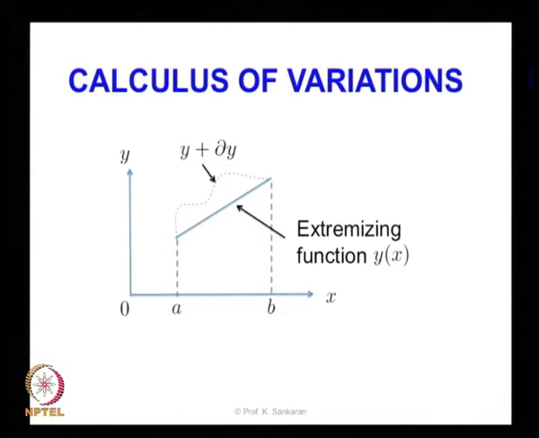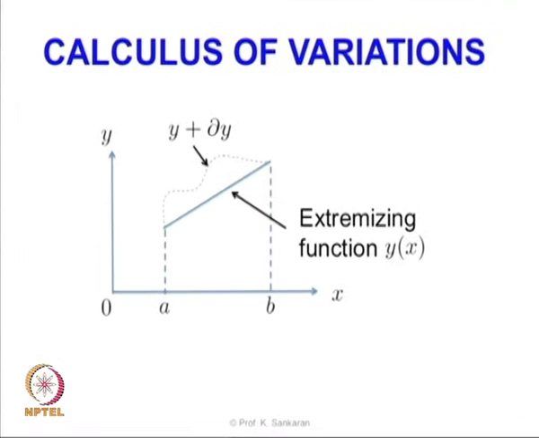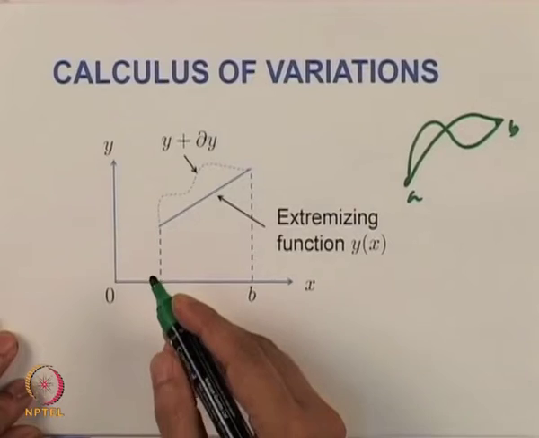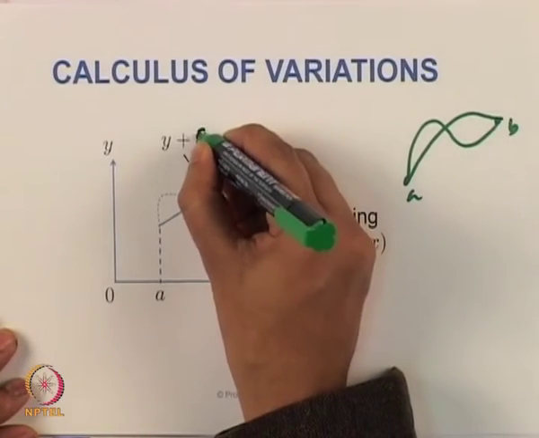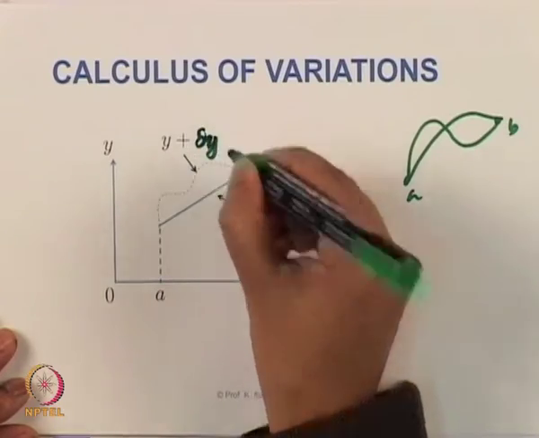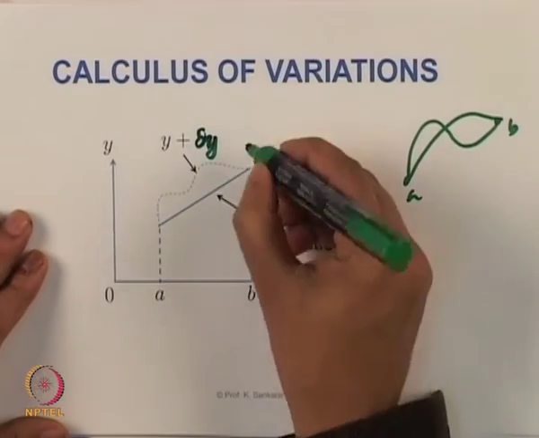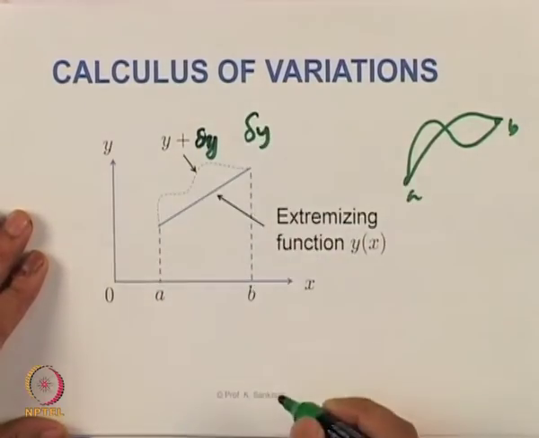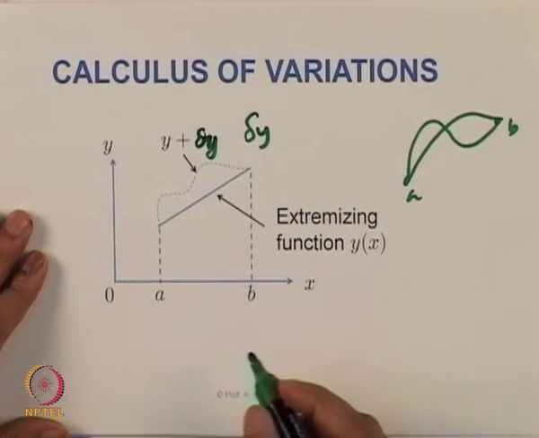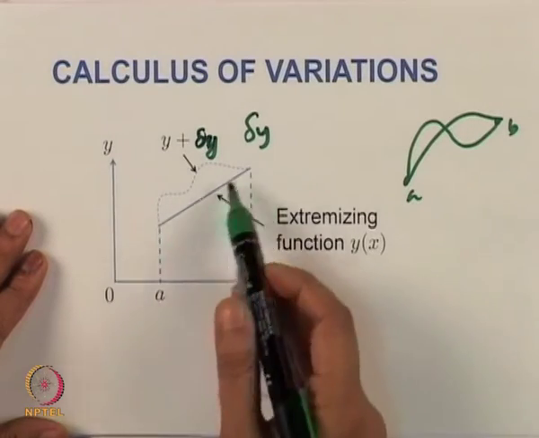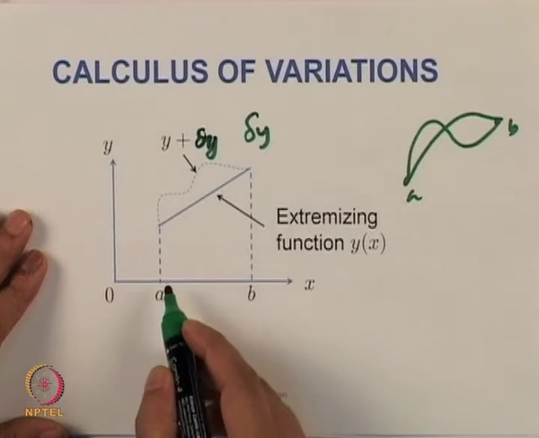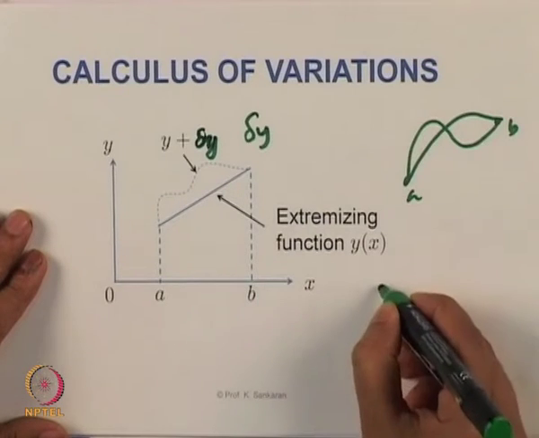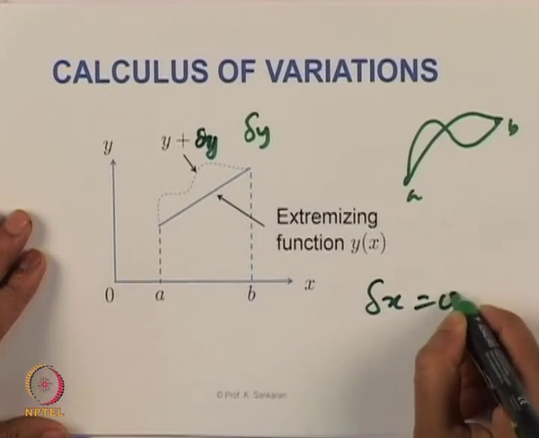So now let us see how we treat this problem further. We said in the earlier case that this is the way it's going to vary, and we say that the variation is given by a small variation delta y, and this variation is going to be 0 at the endpoints, and the variation with respect to x, in other words, is equal to 0 as well.